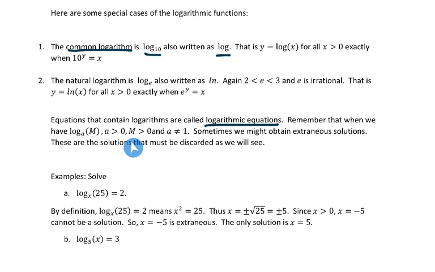I'm pointing this out again because as you'll see, when you solve these equations, sometimes you'll get what's called an extraneous solution. That solution actually doesn't satisfy the logarithm, and we have to actually discard it. You'll see what I mean when we do some examples. In fact, the first one here is an example of it.